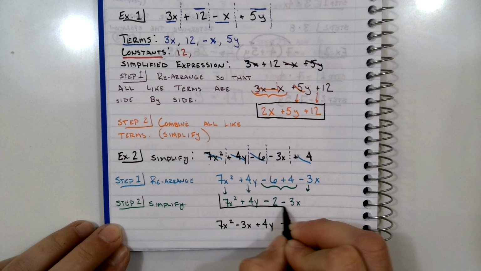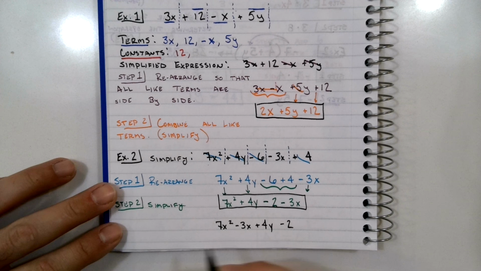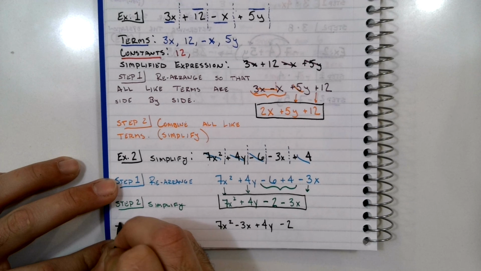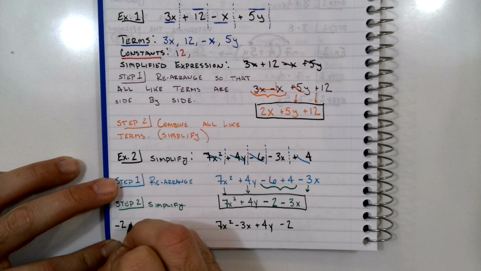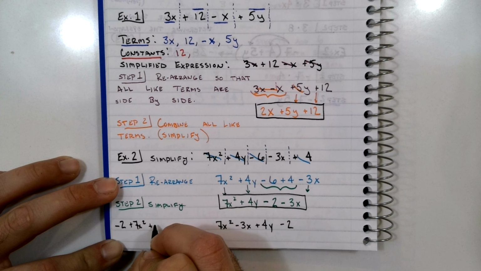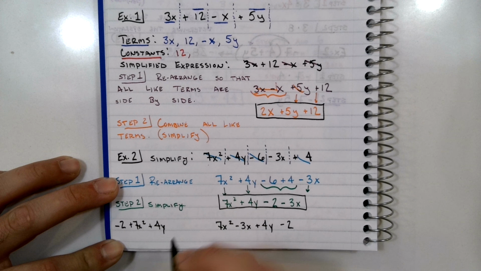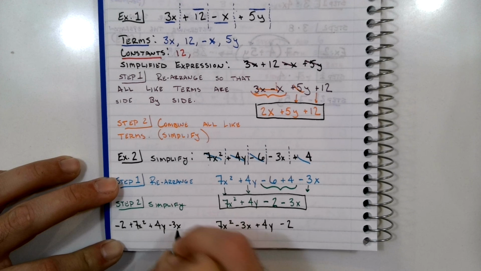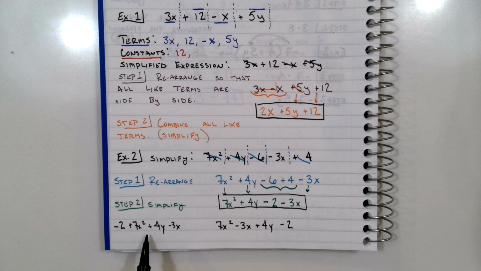You're not wrong. My answer could look like this. It could be negative 2 plus 7x squared plus 4y minus 3x. That's not wrong either. You want to know why? Negative 2, negative 2. Positive 7x squared, positive 7x squared. Positive 4y, positive 4y. Negative 3x, negative 3x.